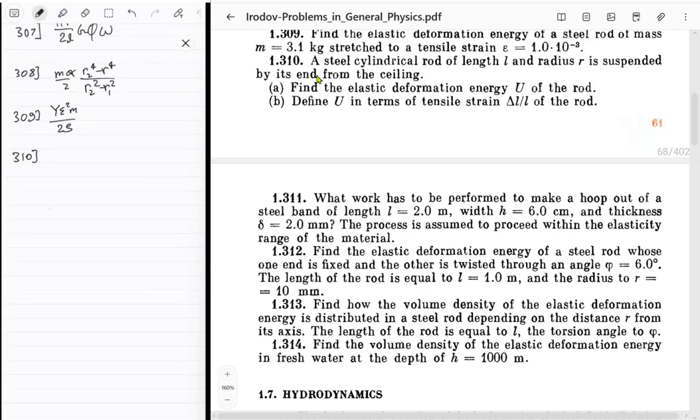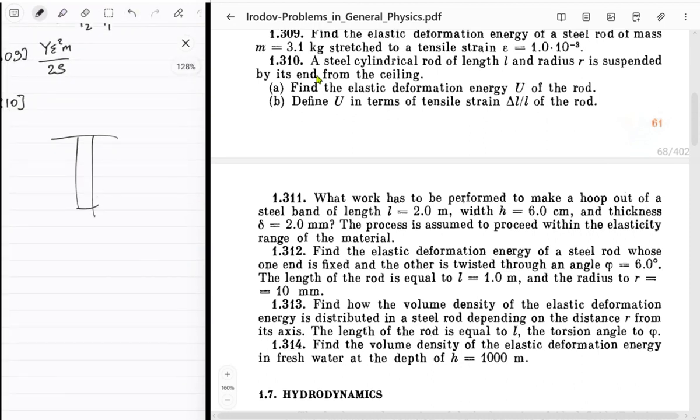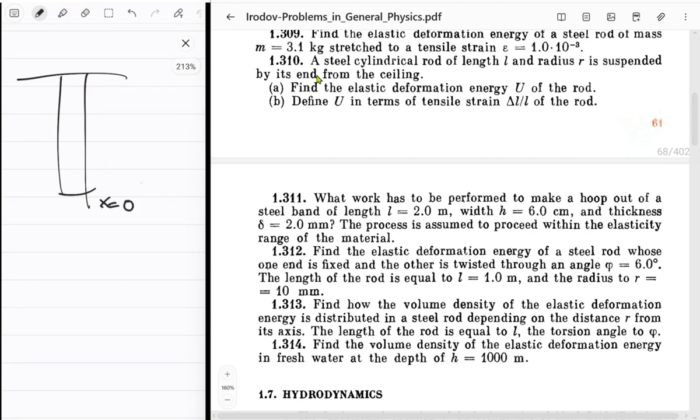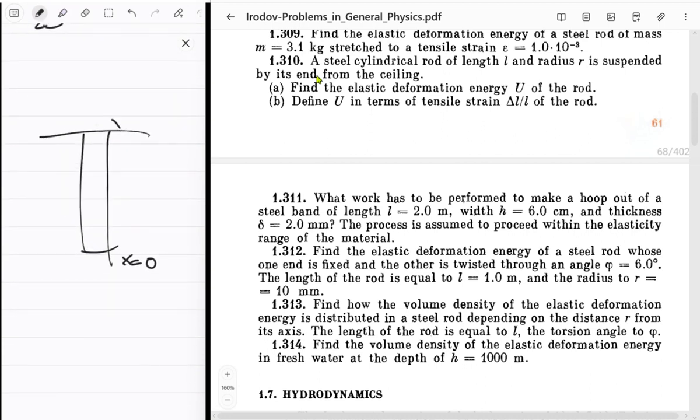So I'm just going to figure out what the strain is at different x values. Let's say this is x equal to 0. How long is the rod? Length L and radius R. Let's say it has area of cross section A, which is pi r squared, but whatever. At some x value, what is our strain going to be? What's the stress, by the way?